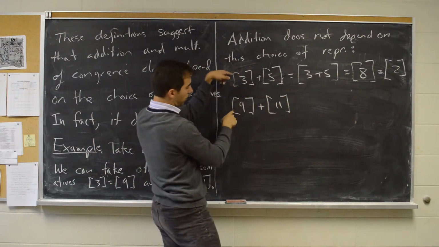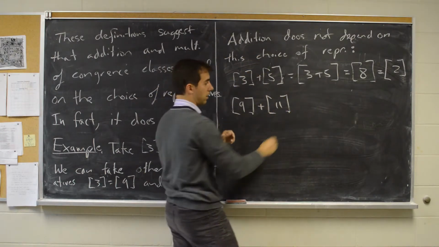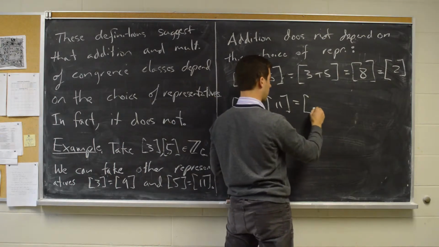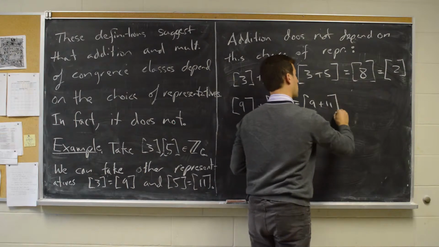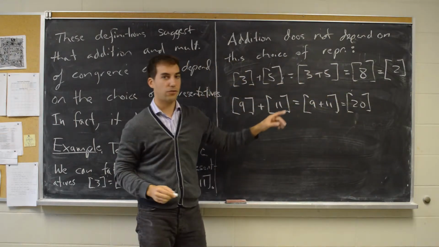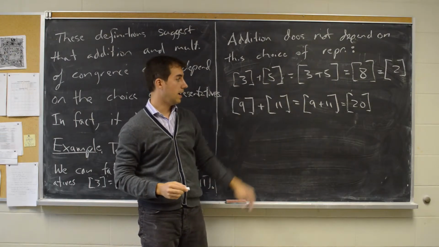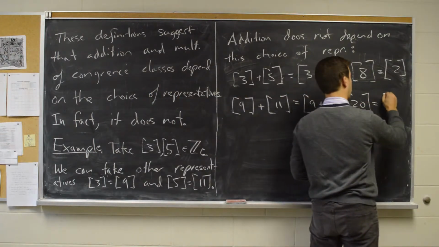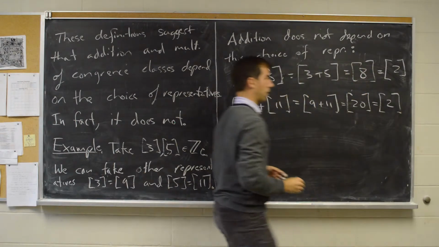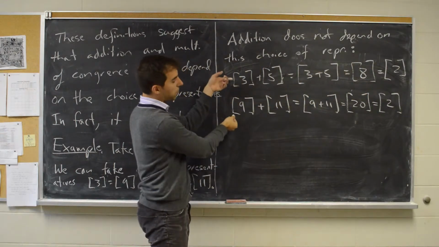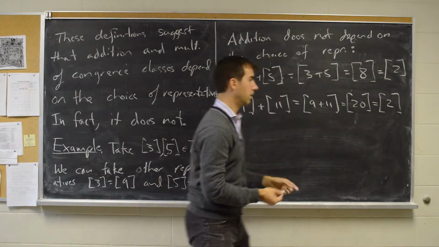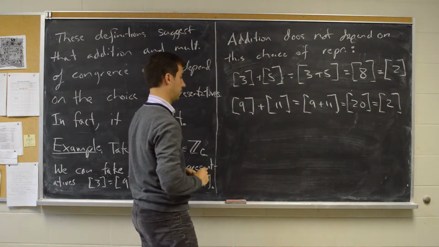Notice these are the exact same sets that I'm adding to the exact same set. I use the rule that was given. It says I should add those two things together. I should get 9 plus 11. I get the equivalence class of 20. And if I subtract 18 from 20, I see that 20 is congruent to 2 mod 6. So although I use different representatives, I'm getting the exact same set out, the congruence class of 2.